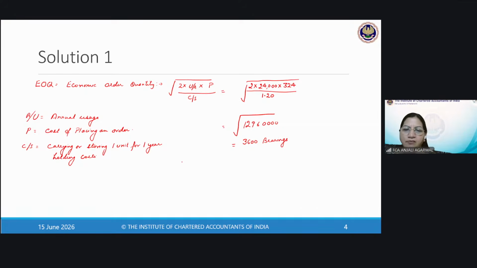So what should be the right order? It should be 3,600 bearings. Now, if you have 24,000 bearings to be consumed in a year and you are going to place an order for 3,600 bearings, this also means that your number of orders in a year would be 6.66.